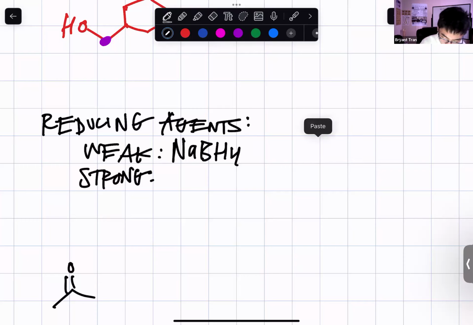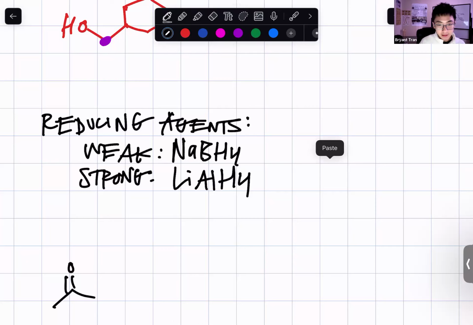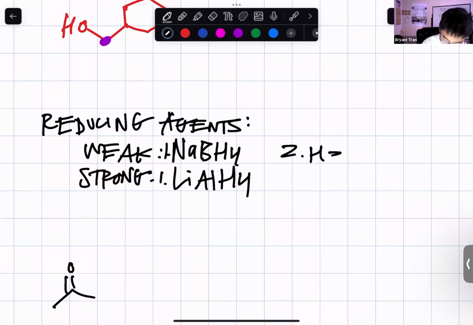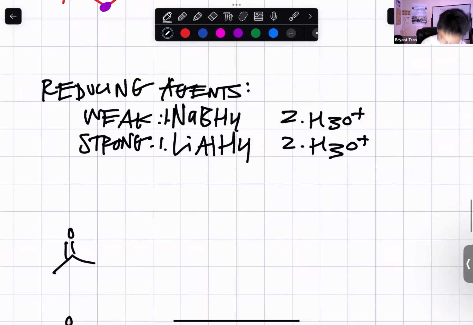And then the strong one would be lithium aluminum hydride, LiAlH4. We tend to see this happen in acidic conditions afterwards, like acid workup. This tends to be the first step, and we tend to see a second step of acid workup, like H3O plus. And then I'll show you why in the mechanism, well, the intermediate of the mechanism.